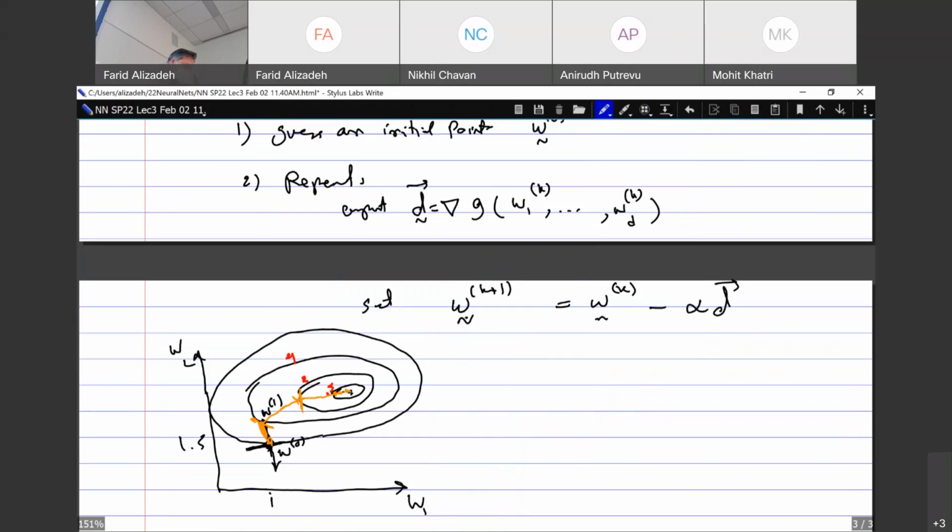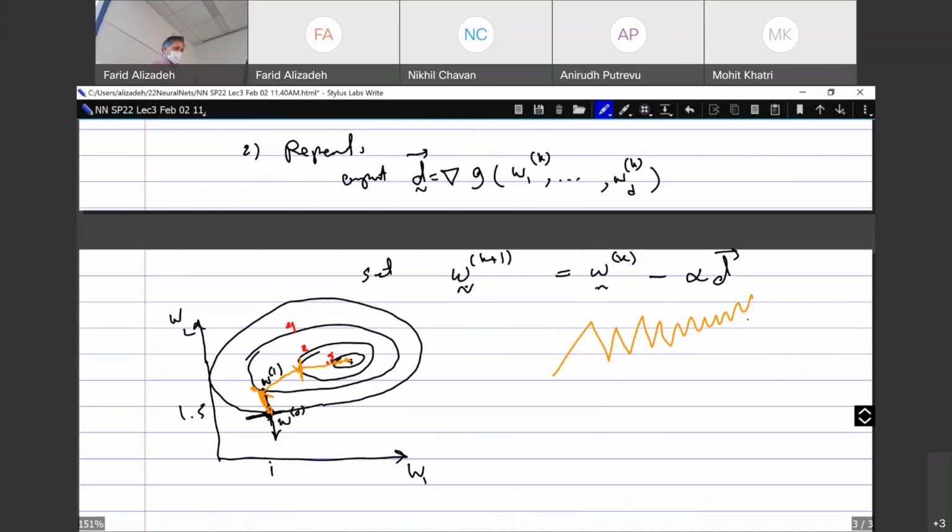Now, this is too nice. You could have situations where you go zigzag a lot before you get to the optimal point. Each zig and zag is one iteration. So here I didn't say where to stop. The process conceptually is infinite. We never get to the point, but we get closer and closer.